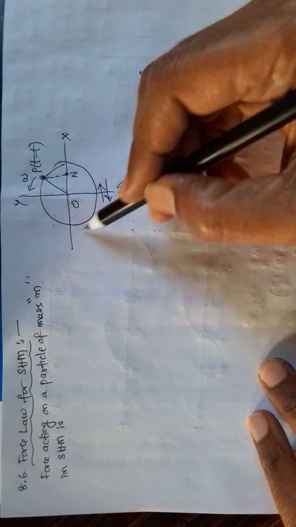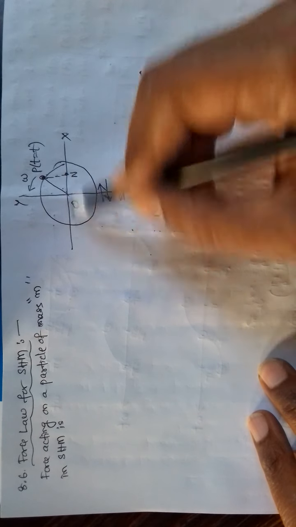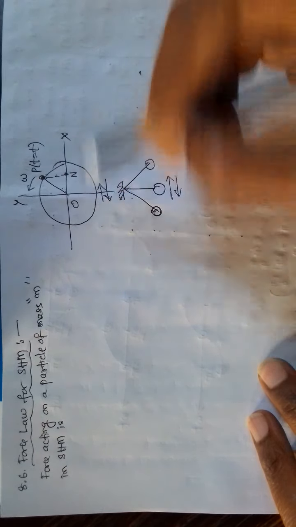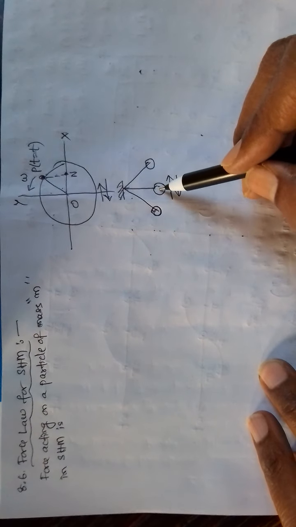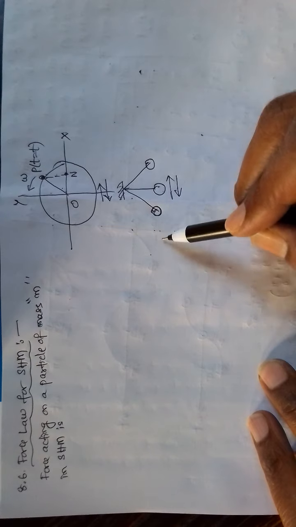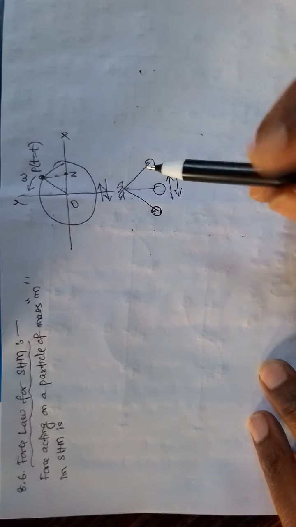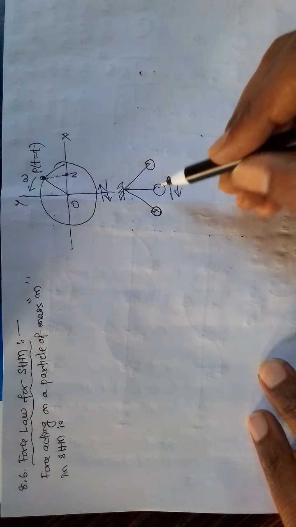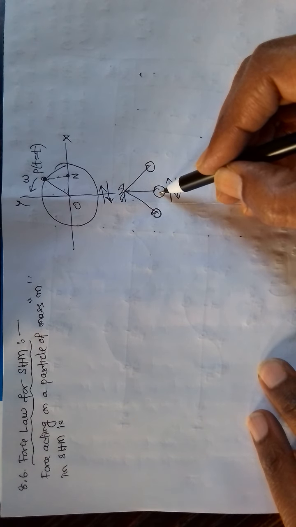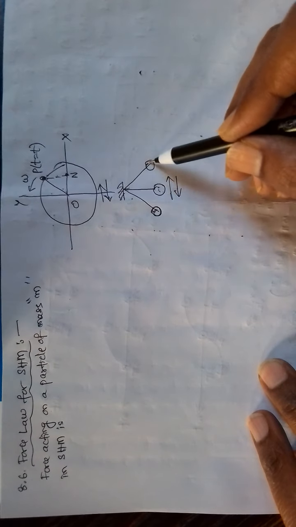As here the particle is making rounds and rounds, this projection point is moving to and fro, making simple harmonic motion. Just like that, in the simple pendulum, this bob is making simple harmonic motion, moving to and fro, making oscillations like this. So now force acting on this particle, that means here mass m is the mass of the bob.